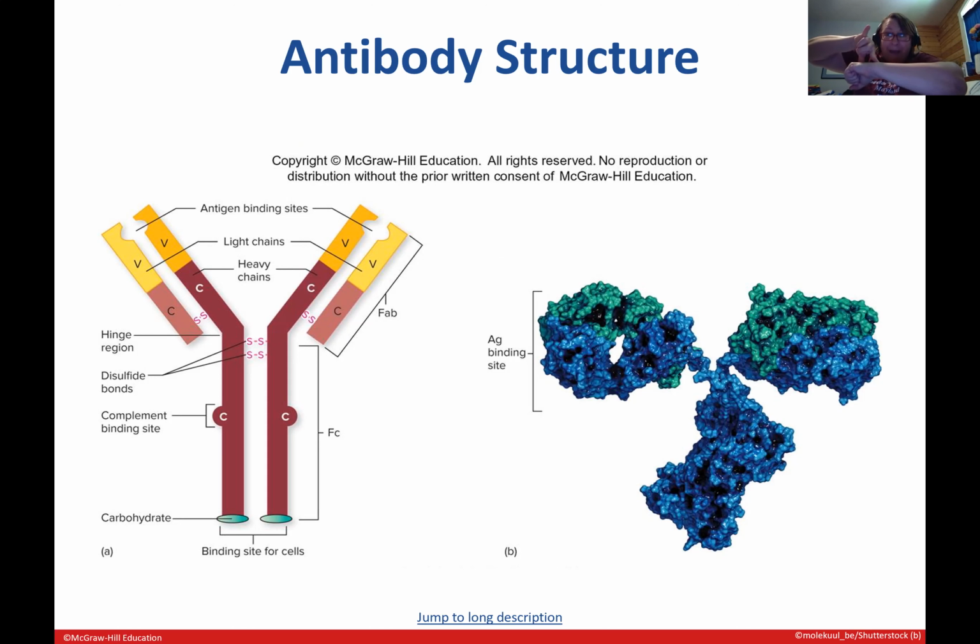Okay, so when a macrophage is doing its surveillance and it sees something totally covered with these antibodies, and that constant region is sticking out there, it's going to say, okay, this is something that I need to eat, and it'll go and grab that whole complex and digest it. Okay. I believe that is everything that we need to talk about on this particular slide.